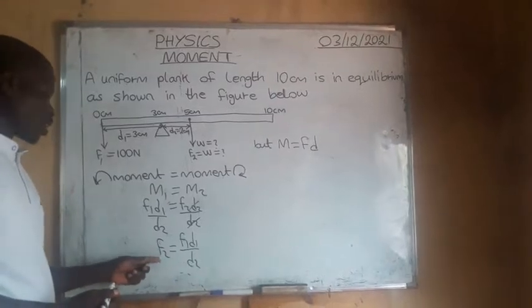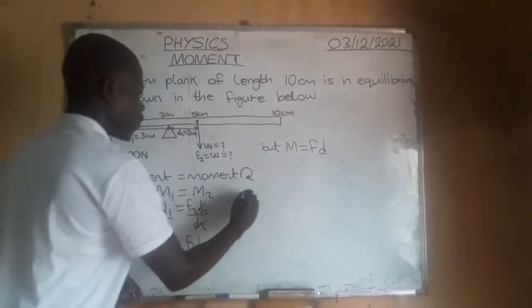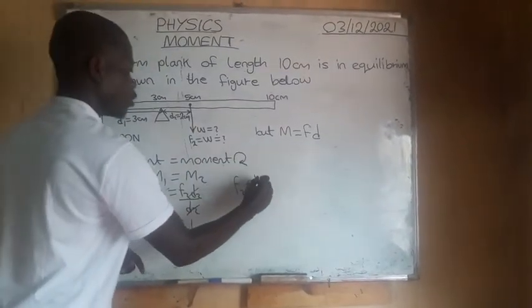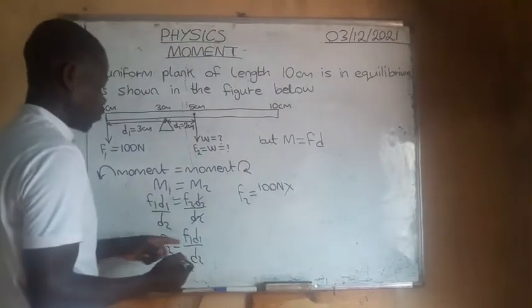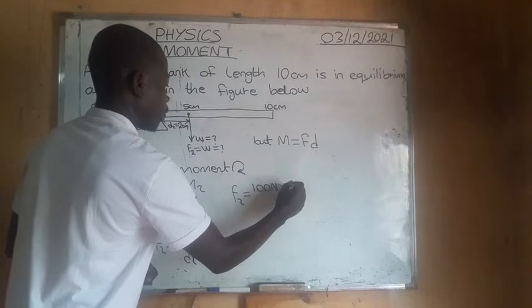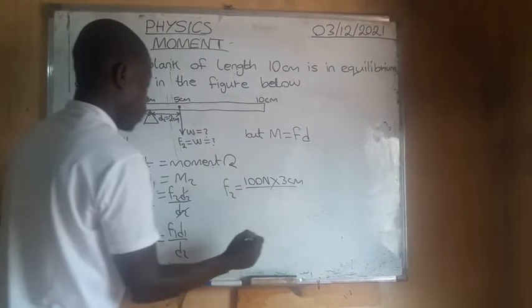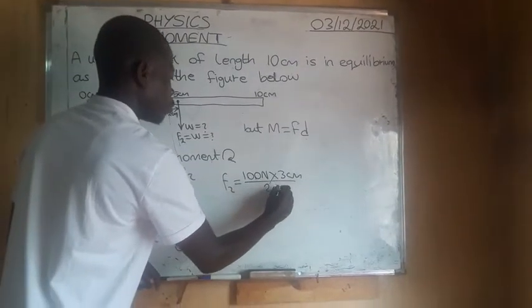Upon making F2 the subject of the equation, now you have to plug in F1 with 100 newtons, times G1 with 3 centimeters, over G2 with 2 centimeters.